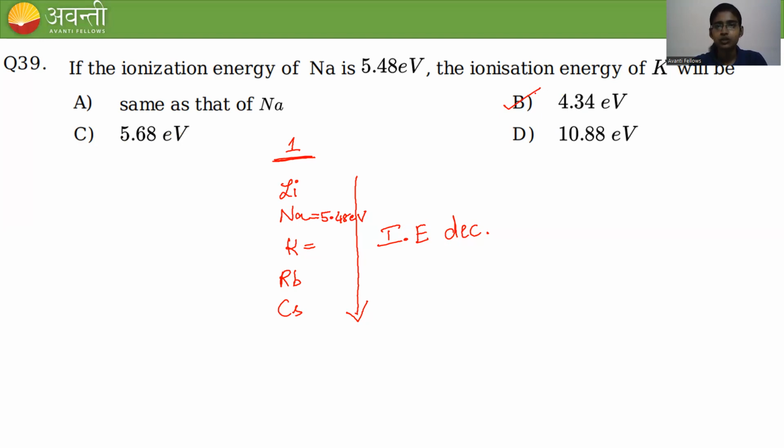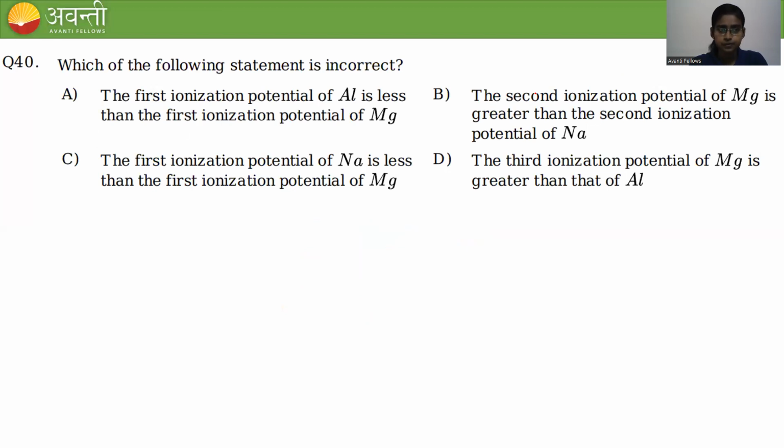Then let's move on to question number 40. Which of the following statements is incorrect? So the first, second and third ionization potentials of magnesium, aluminium, sodium are related here. So let's write the elements. First, we'll go with the options. Coming to option A, the first ionization potential of aluminium is less than the first ionization potential of magnesium.